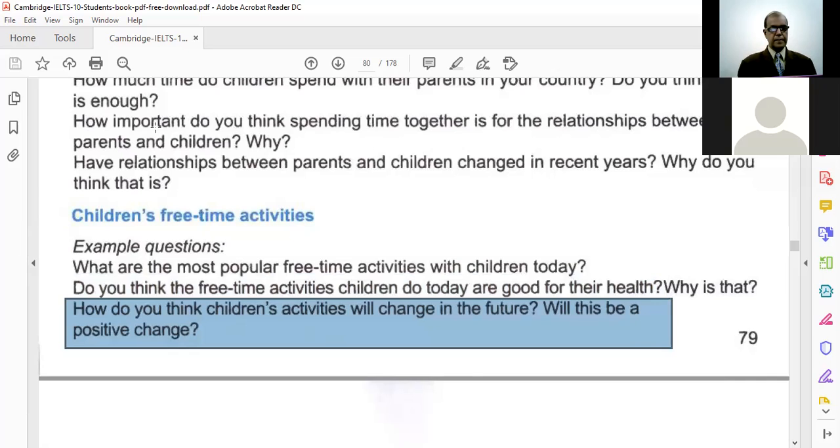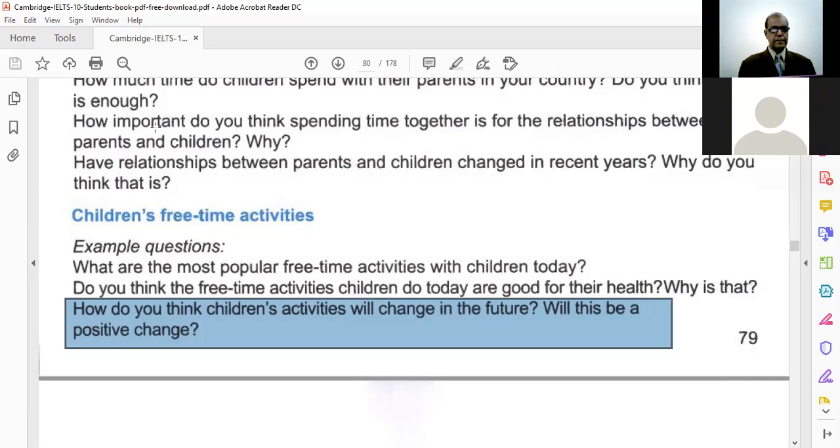I feel very strongly that this will increase the change which we are seeing nowadays. People are shifting from physical activities to digital gaming, and in future this will prevail.